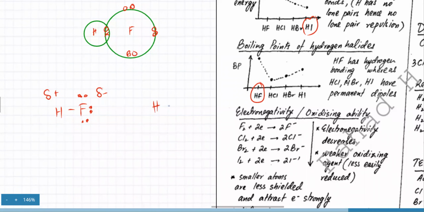The two HF molecules are going to attract each other very, very strongly. So there's going to be a very strong mutual attraction between the two molecules. Is this clear?